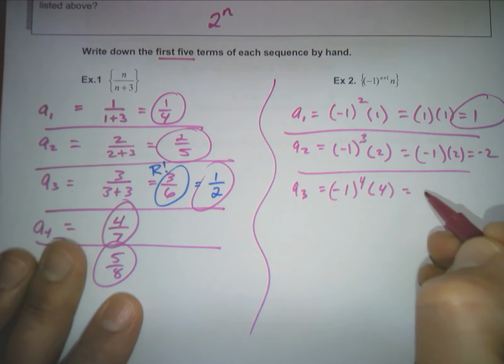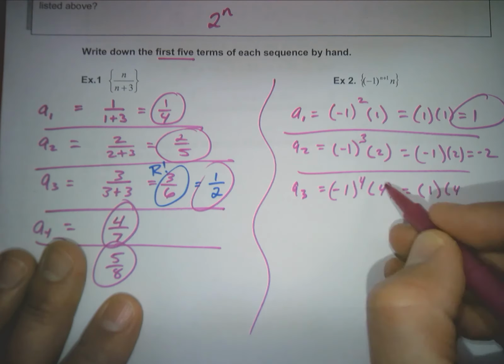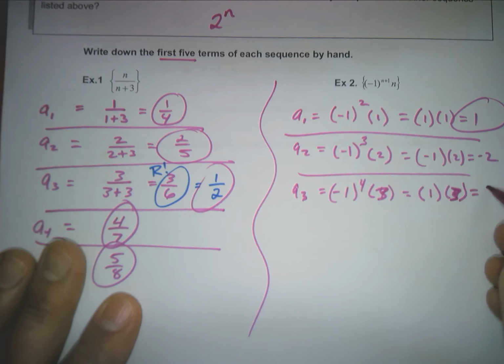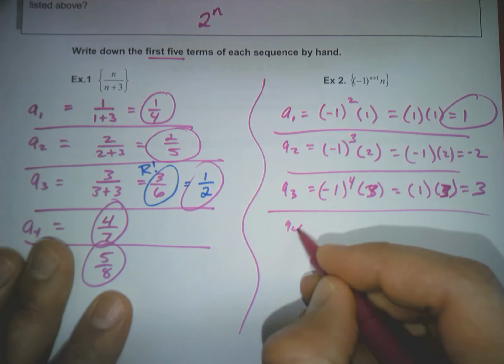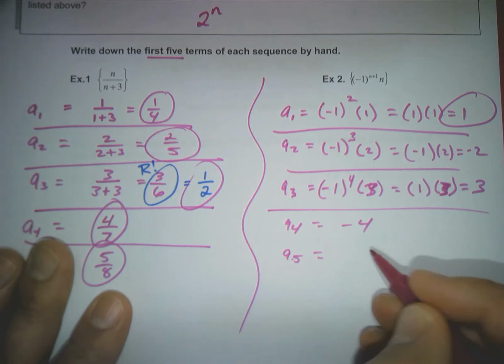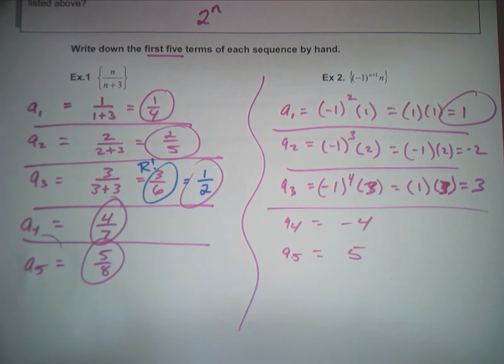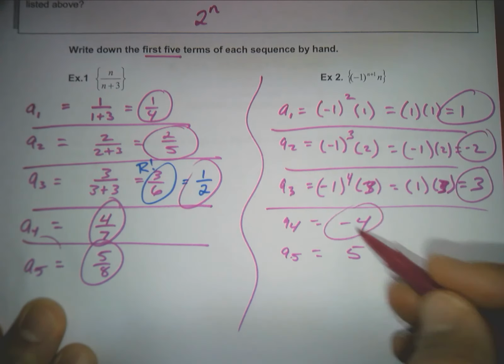So -1 to the 4th is +1 times 3. Typo, fixed it. I should get +3. And then so on and so forth. A sub 4 is -4, and A sub 5 is +5. Okay, so I get 1, -2, +3, -4, and +5.